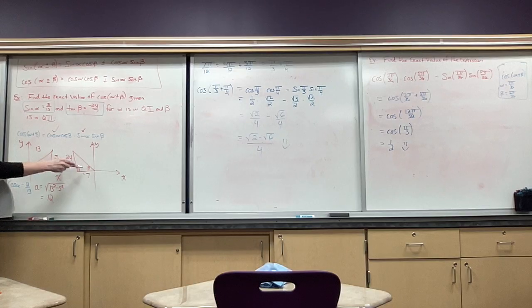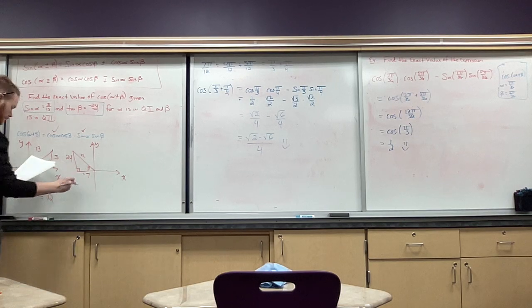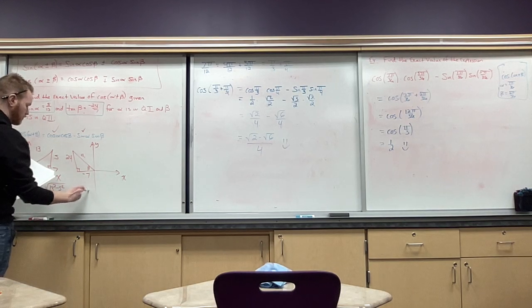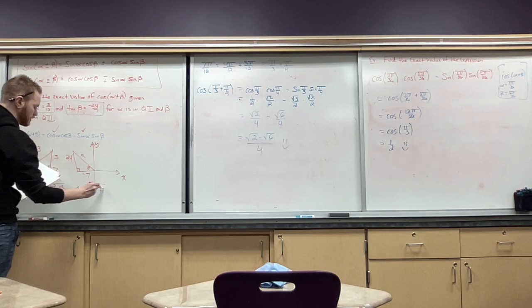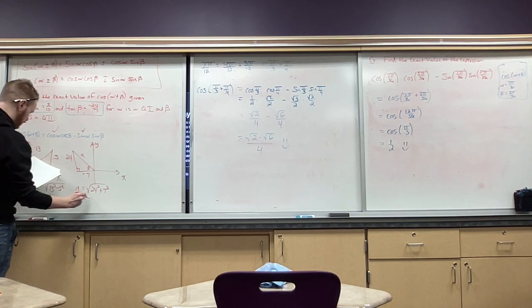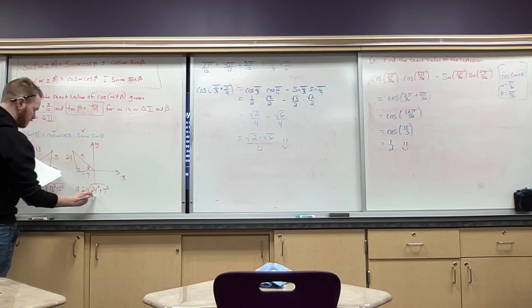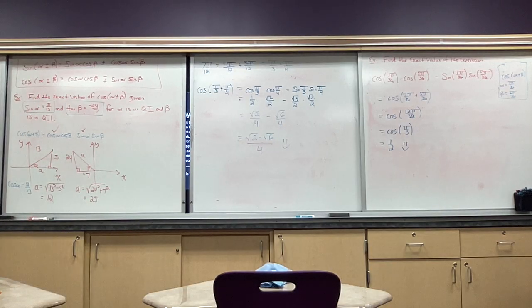To find sine and cosine, I need the hypotenuse. So I'll put A there again. I'm gonna solve for A to get the hypotenuse, so I can find those two. Okay, so A would be equal to the square root of 24 squared plus 7 squared. And we get 25. Again, just saving us a little bit of time.